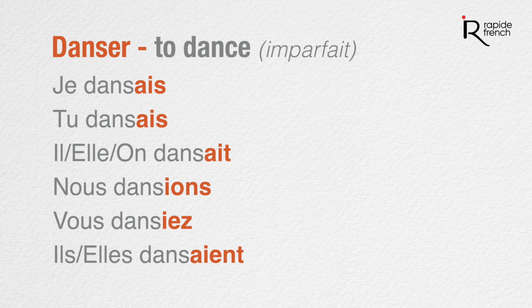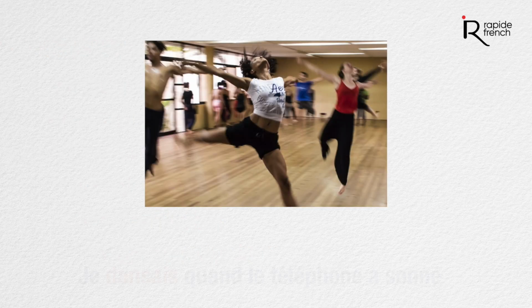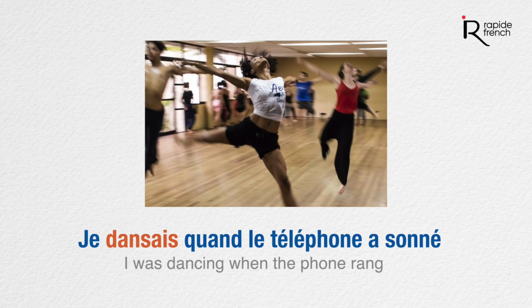And we have je dansais, meaning I danced, or I used to dance, or I was dancing. So, je dansais quand le téléphone a sonné. So, I was dancing when the phone rang.